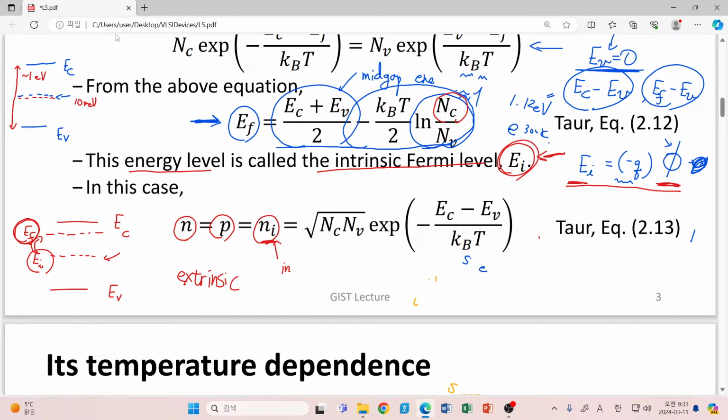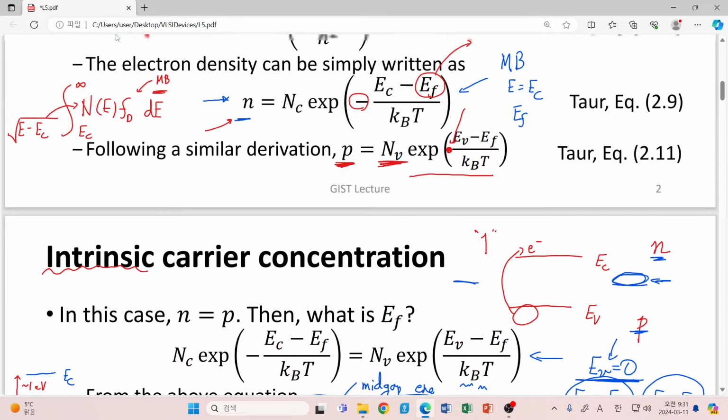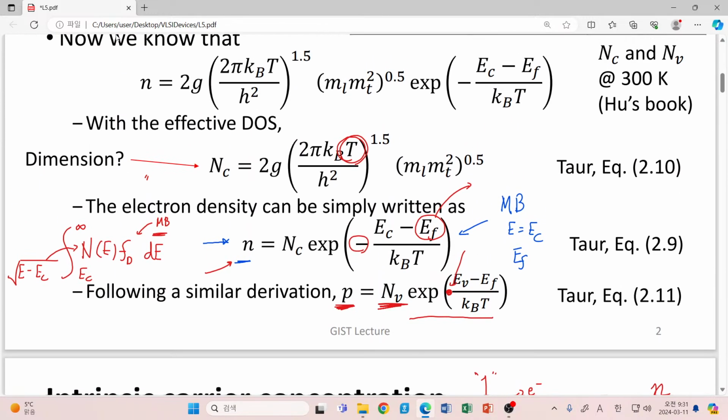This is nothing related with the PN junction, it is just intrinsic, and the intrinsic carrier density can be expressed in this form. Here NC and NV both depend on the temperature. Do you remember this expression?